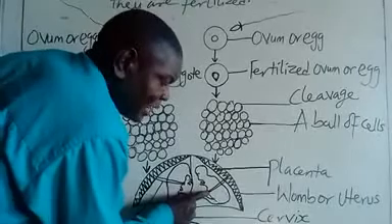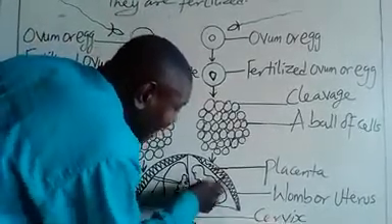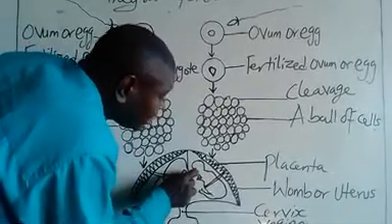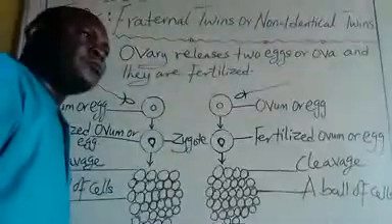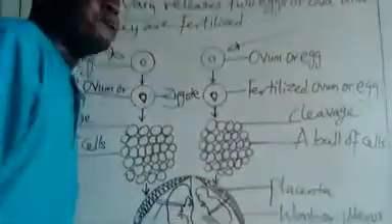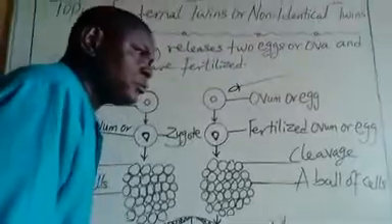As you can see, the baby is feeding through this channel. The baby is not making use of the mouth here in the womb. It's feeding through the umbilical cord.